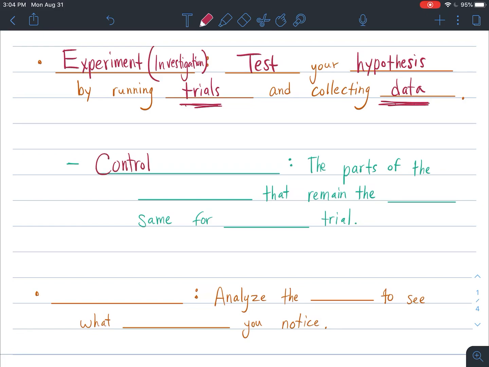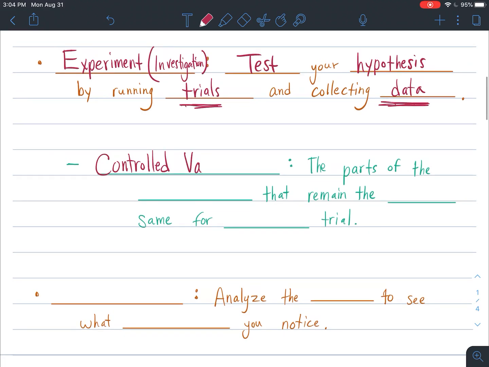But something that's really, really important in an experiment is that we have some things that we call controlled. Think about what you do when you control something. So we call these controlled variables. And the controlled variables are the parts of the experiment that remain the exact same for every trial. I'm going to make this in all caps because it is so important.